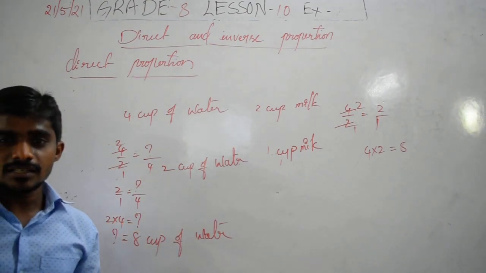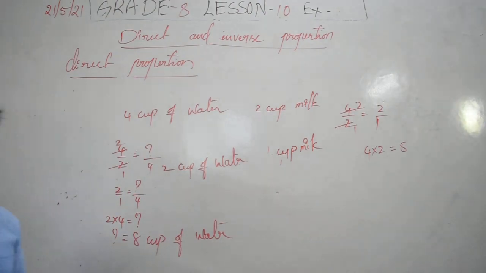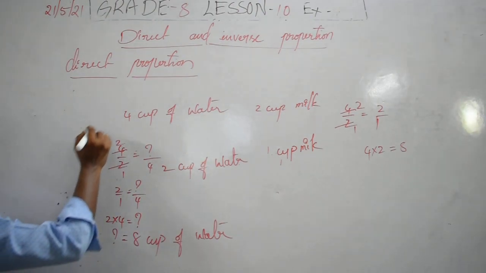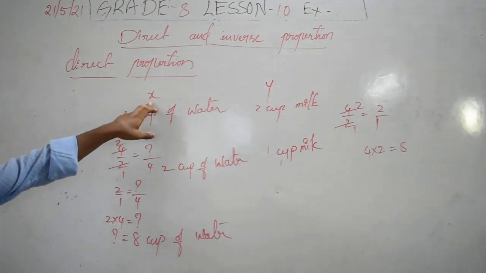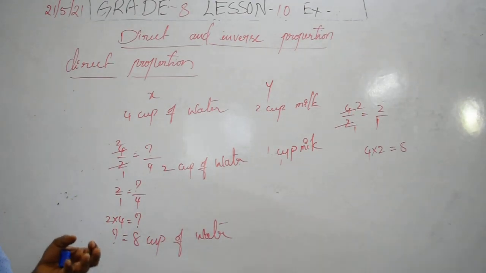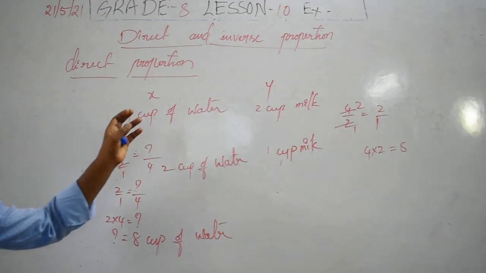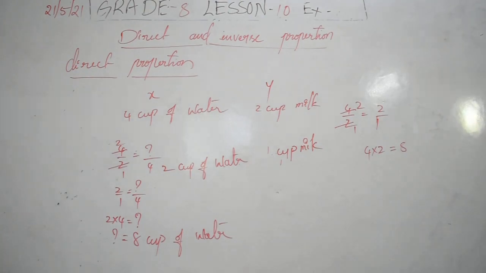So that is direct proportion. See, two quantities, this is the x quantity, this is the y quantity. X and Y quantity both are increasing or both are decreasing. So that is direct proportion.